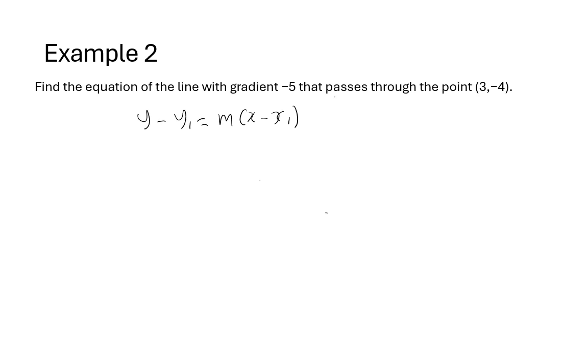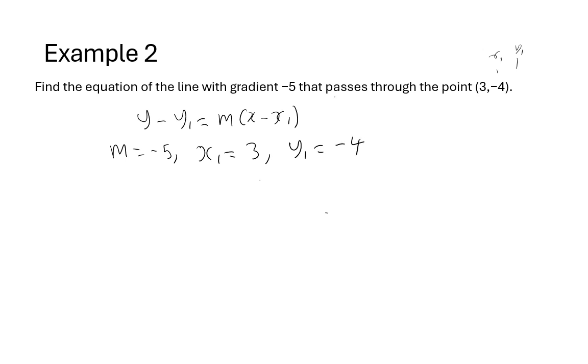We have the gradient minus 5, so our m is minus 5. We have the point 3 and minus 4, which will be our x1 and y1. So the first coordinate is x1 and the second coordinate is y1. So we'll have x1 is equal to 3 and y1 is equal to minus 4.